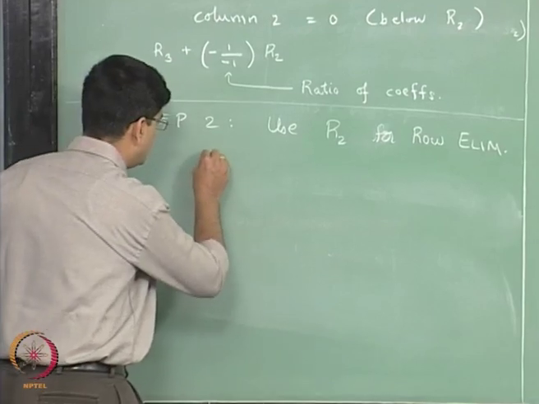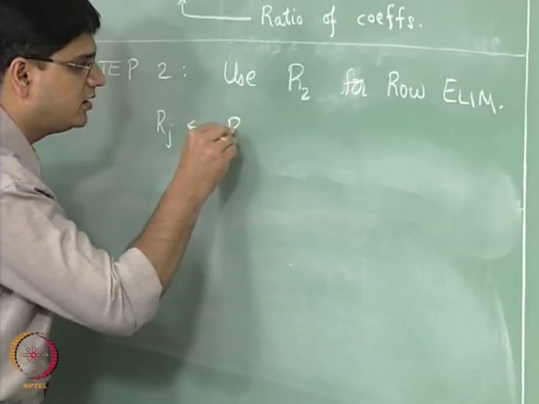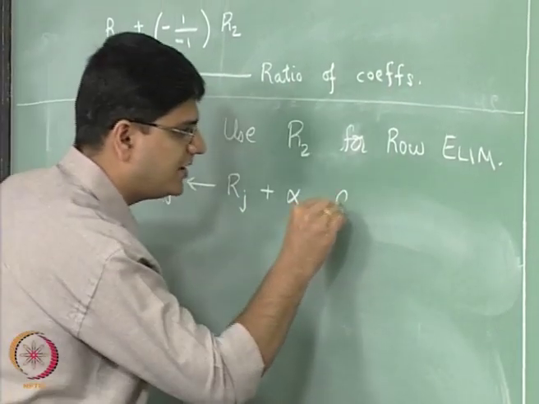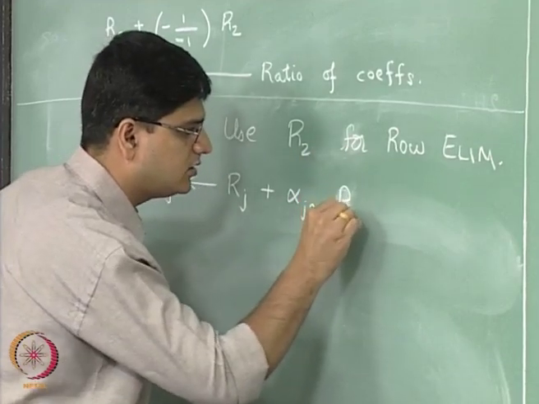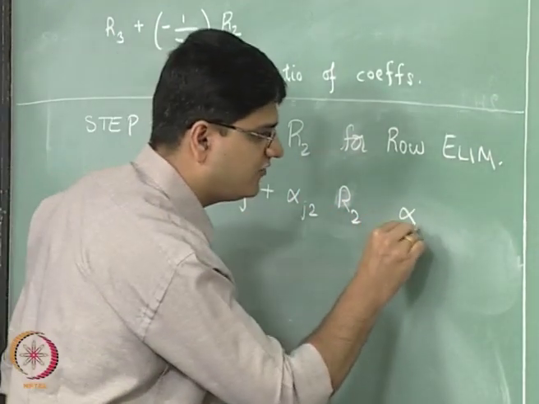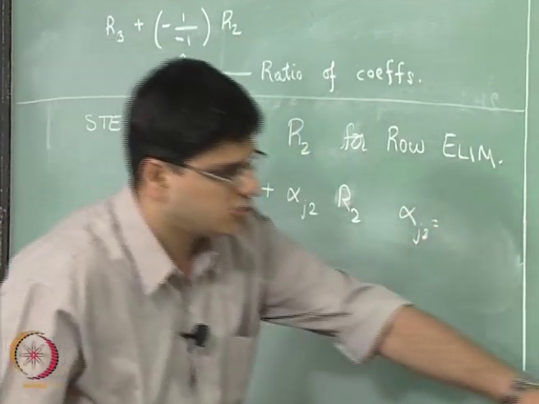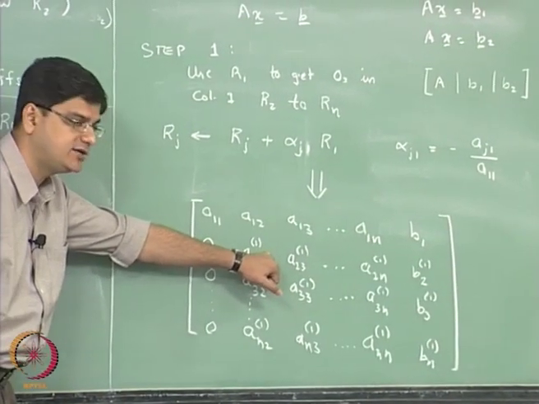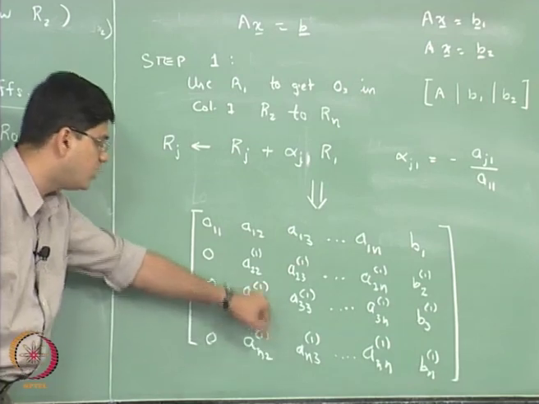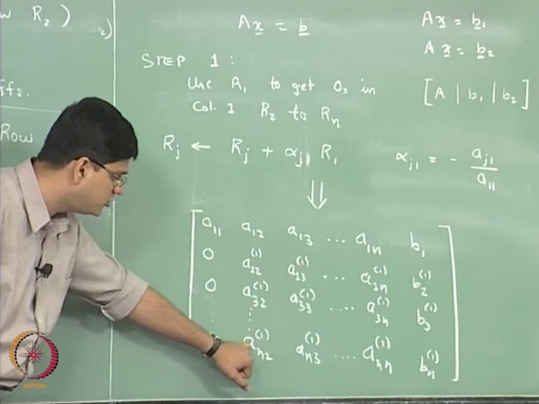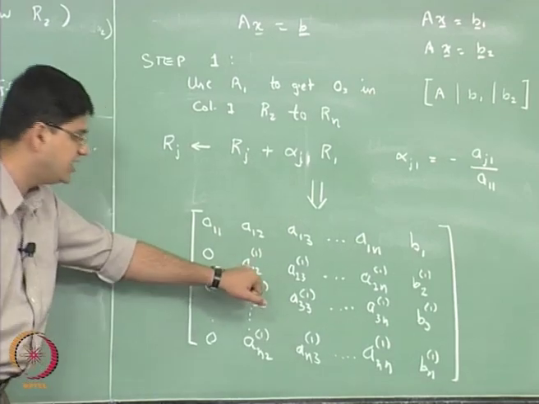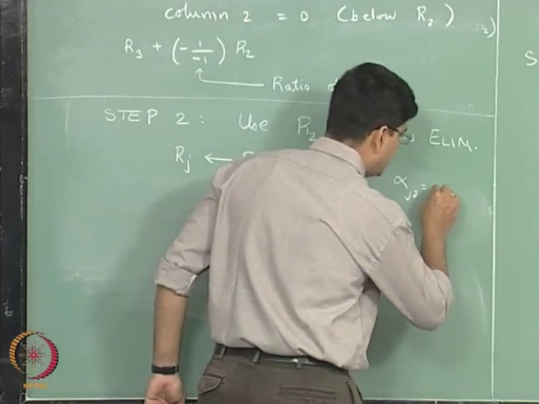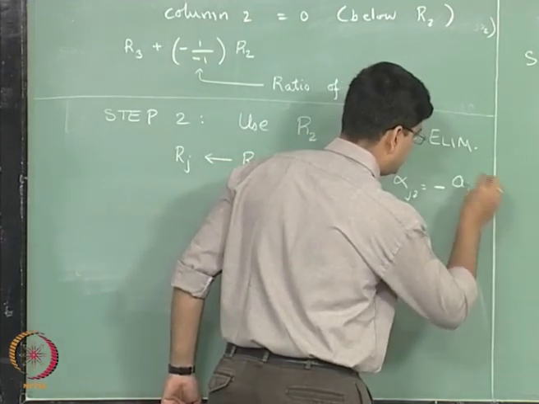So Rj will be Rj plus alpha j2 multiplied by R2, and in this particular case alpha j2 is going to be negative of A32 divided by A22, negative of A42 divided by A22 and so on up to negative of An2 divided by A22, or in general alpha j2 is going to be equal to negative Aj2 divided by A22.